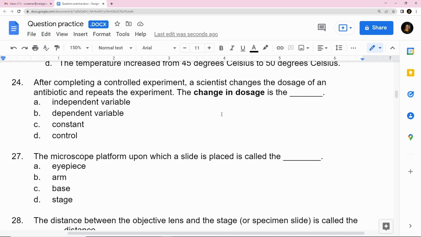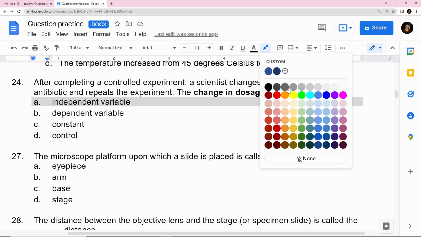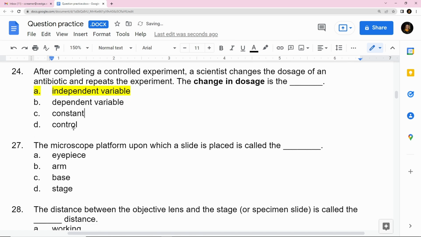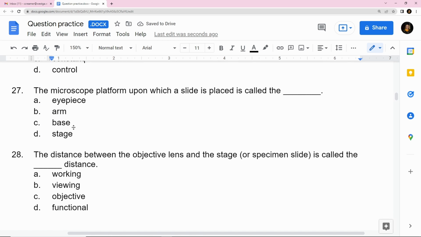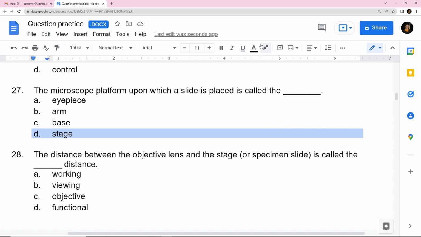If you said A, independent variable, you would be correct. The microscopic platform upon which a slide is placed is called the blank. Eyepiece, arm, base, or stage. If you said stage, you would be correct.